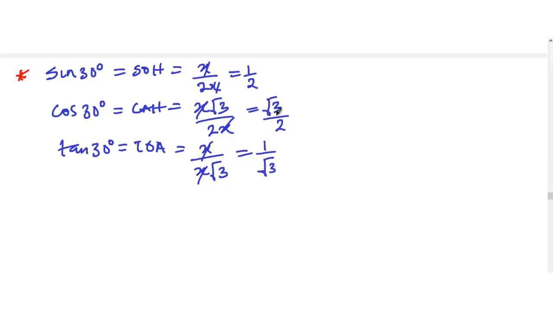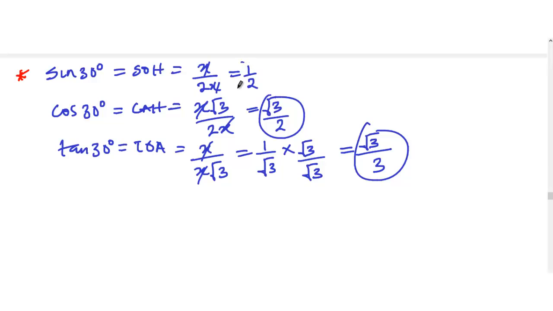But we need to rationalize this to eliminate this irrational number, which is root 3. So we multiply by root 3 divided by root 3. So this will give us root 3 divided by root 3 times root 3. That is 3. How? Root 3 times root 3 will give us root 9, and square root of 9 will give us 3. So these are the 3 values we got for 30 degree.